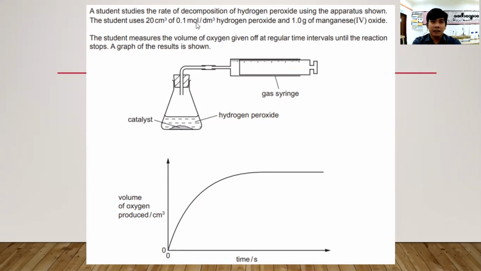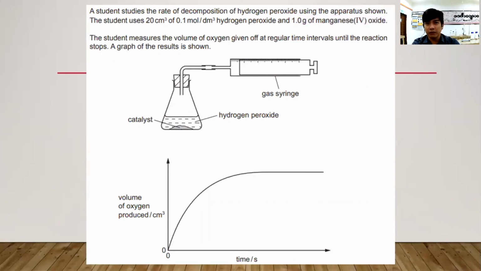Remember, class, that manganese dioxide is just a catalyst. So you don't have to be concerned about the mass of the manganese oxide because it's just a catalyst. It will not participate in the chemical reaction. It's just making the reaction faster.